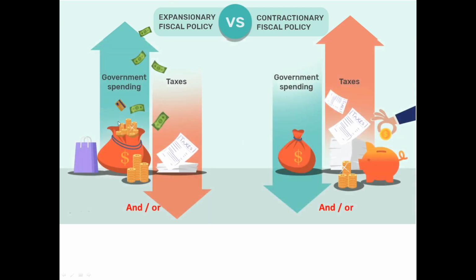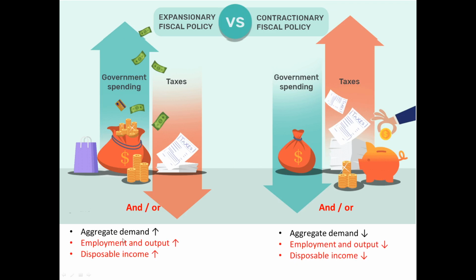Okay, so here, once again, it's just a summary for you guys. Look at the pictures and you get the ideas. All right. So at the end, we want to affect AD. Expansionary is to increase the AD, and contractionary is just the opposite. So on the left hand side, when you can achieve higher AD, economic growth is going to be better, and if you see economic growth, then employment is going to be better because we need more people, right?